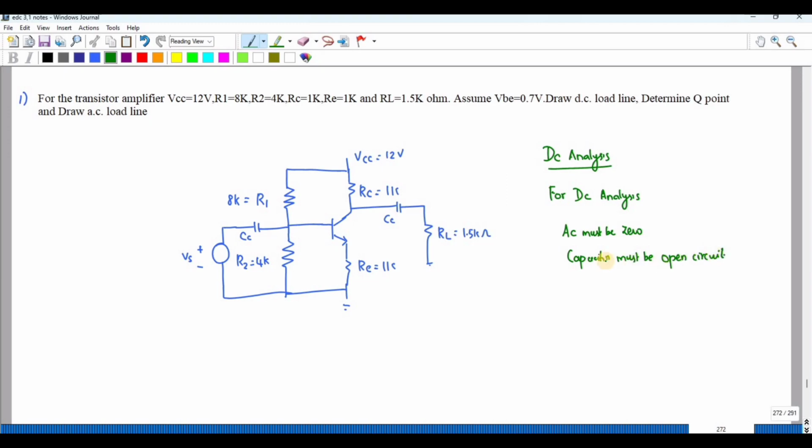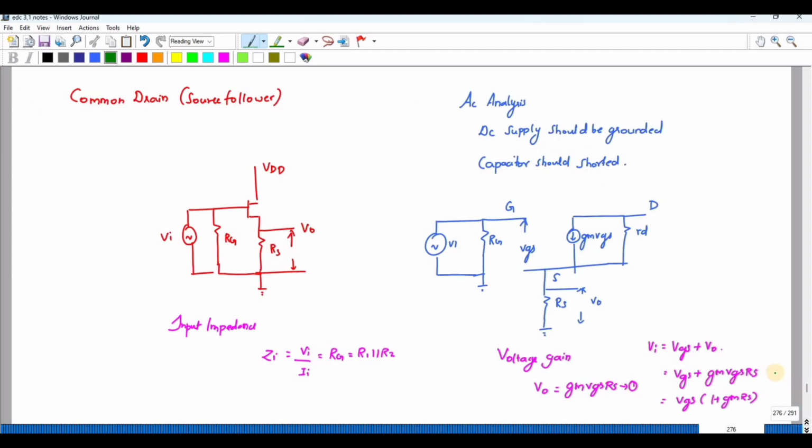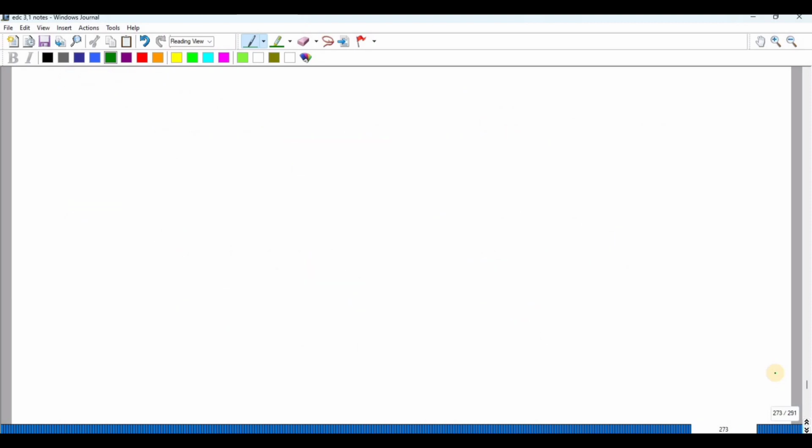If I open circuit the capacitors, the circuit will look like this.